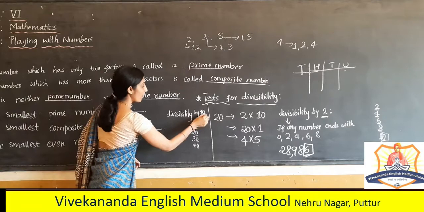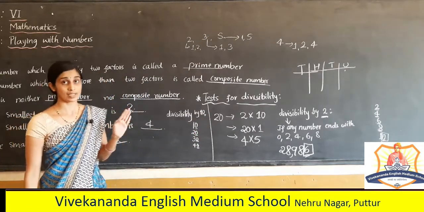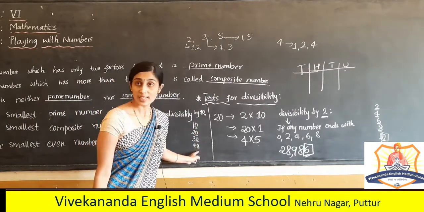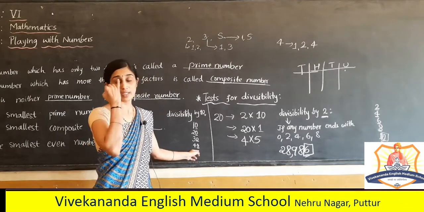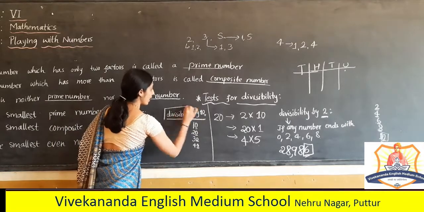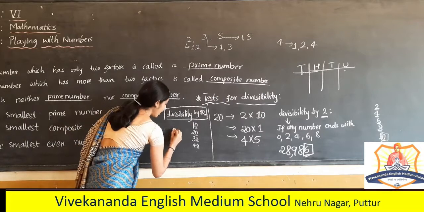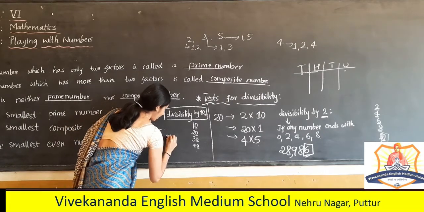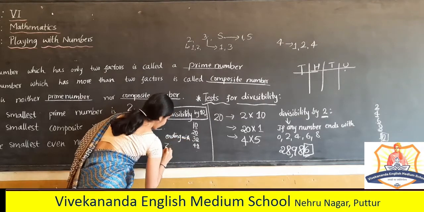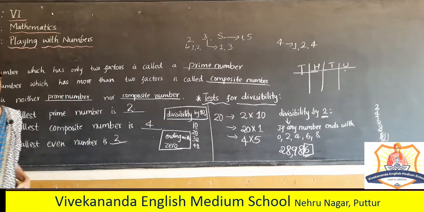Always, if a number ends with 0, or if any number has got 0 in its units place, we can say without any doubt it is divisible by 10.